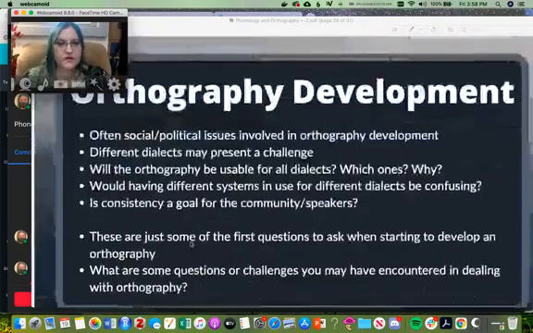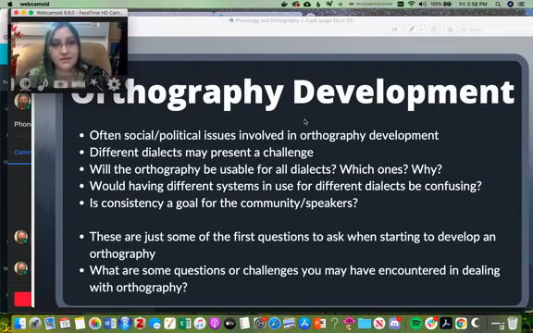There are often a lot of social and political issues that can arise in orthography development. Things like differences in dialects may present a challenge. Will your orthography be usable for all dialects of a language? Which ones will it be usable for and why? These are all questions, and the answers to these questions depend on the situation and can vary widely.